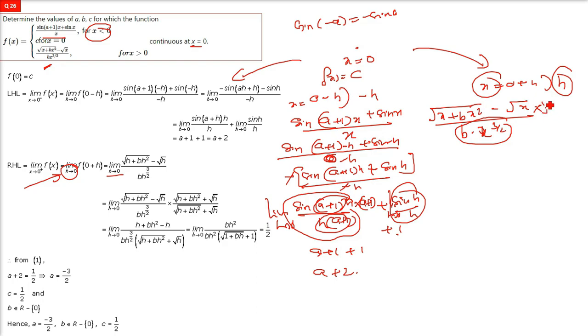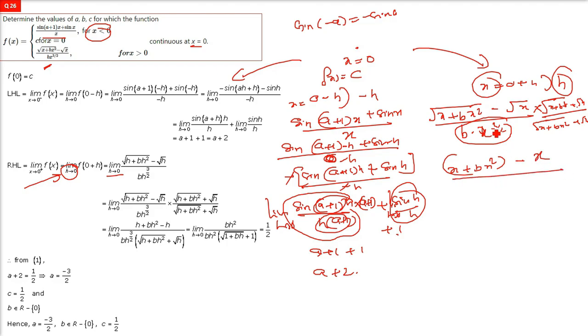Now you have to rationalize the numerator. So you have to multiply the numerator and denominator by under root of x plus bx square plus under root x. So numerator and denominator are multiplied like this. This is of the form a plus b times a minus b, so a square minus b square is x plus bx square minus x. This you get in the numerator.